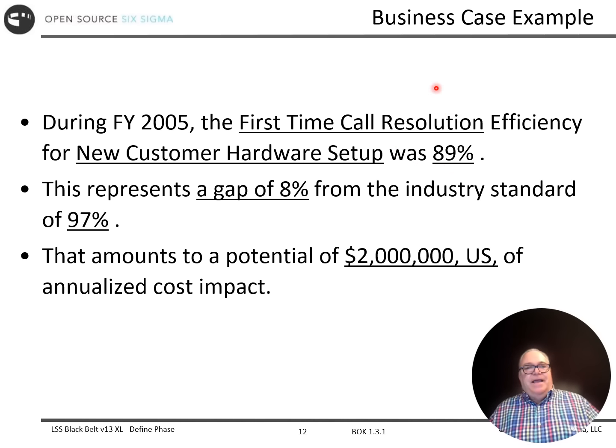All right, so at 89%, they want to be at 97%. So the gap in performance is about 8%. And they're saying they've done some benchmarking, looking out into the industry, how do call centers operate. They believe that we should be able to get up to about a 97% efficiency. So only 3 customers out of 100 have to be kicked up to a higher level in order to resolve their hardware setup issues.